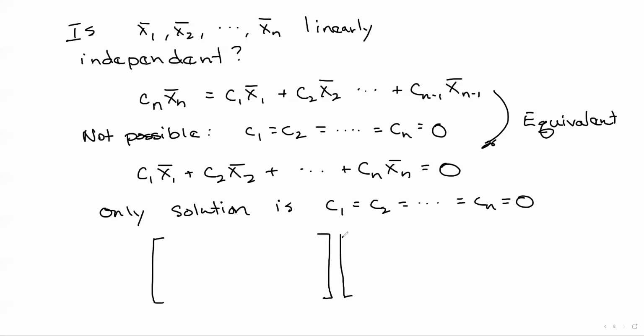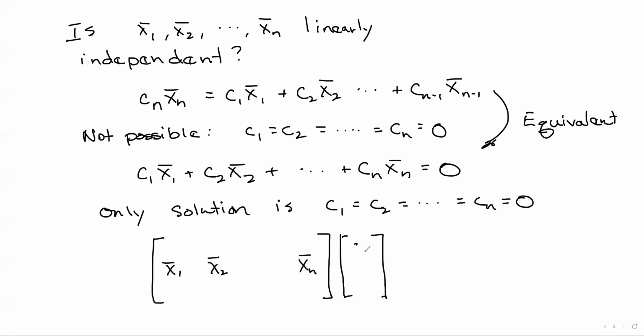So check this out. We could take x1 and put it here in the first column, x2 in the second column, through xn. These are vectors, so they've got n elements, so we've got n things here, n things here and n things here.